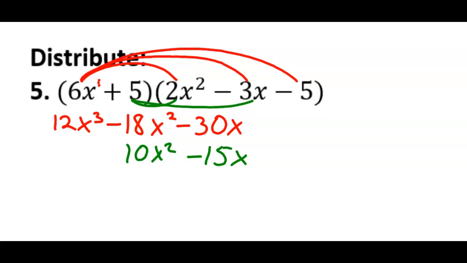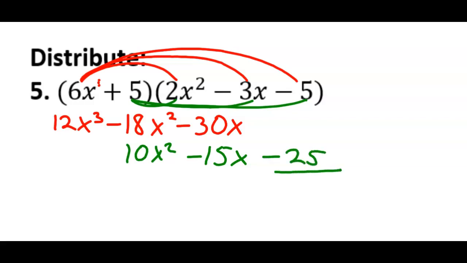Now what do I multiply by the negative 5? 5 times negative 5, what do I get? Negative 25. Where's that going to go? Is that going to go underneath any of this? Nope. It's just going to go on the end.